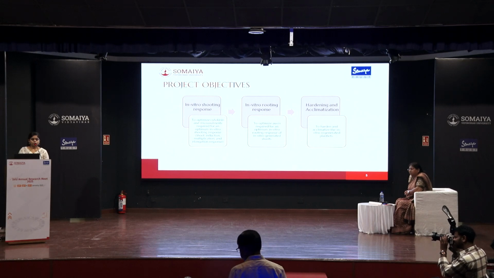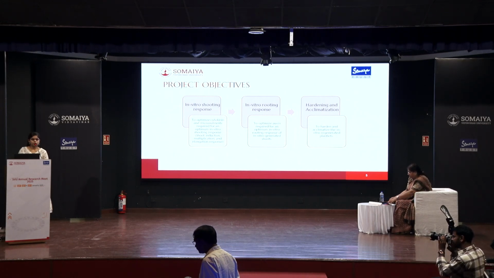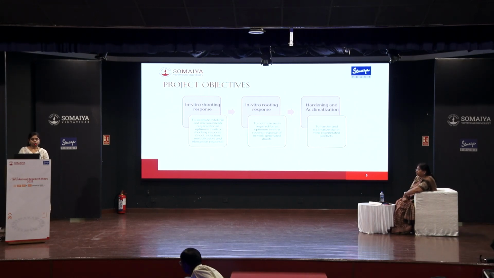Once we achieve this, we'll move on to in vitro rooting studies, where again we will test different phytohormones, auxins, which will be best for in vitro rooting. And once we obtain these plantlets, we'll carry out the hardening and acclimatization studies that will help us eventually transfer these plantlets from the lab to soil.